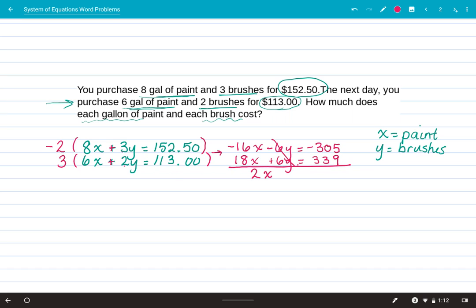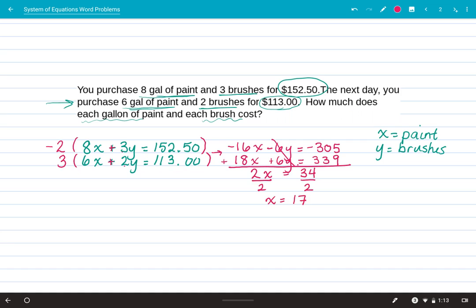Then we're going to add down negative 16 plus 18. So 18 minus 16 is 2. The y's cross out. And we're going to get negative 305 plus 339. It's going to give us 34. Divide. So x is going to give us 17.